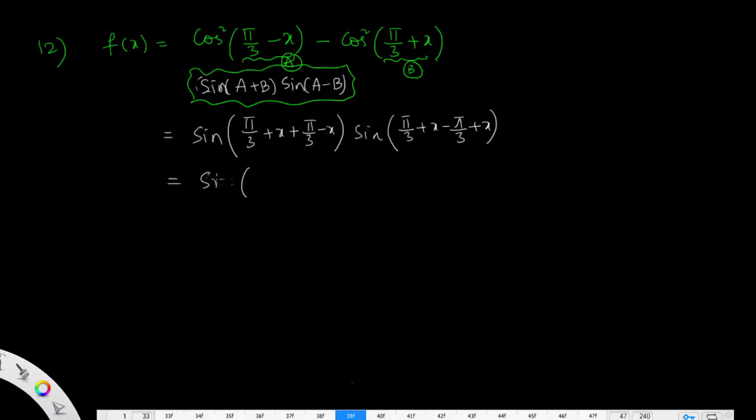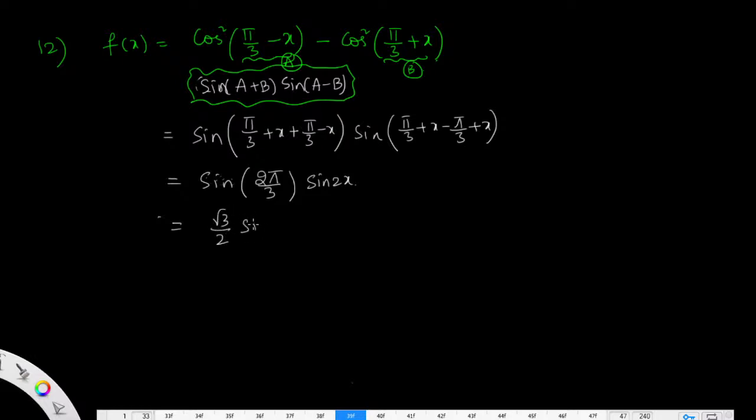So sine of a plus b into sine of a minus b gives sine of 2 pi by 3 into, here pi by 3 cancels, sine 2x. Sine 2 pi by 3 equals how much? Sine 120, that is root 3 by 2.